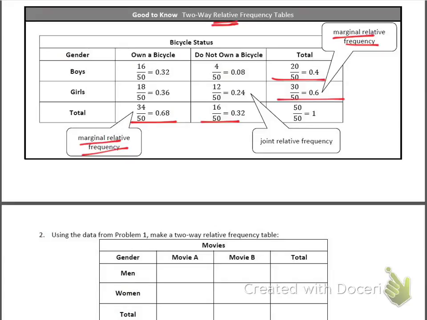So when I am asking for marginal relative frequency of people that own a bicycle, I take the 34 total people that own a bike, put it out of 50, and my marginal relative frequency is 0.68. Okay, could we change that to a percentage if I asked you to? 68%. Yep. What this is saying is that 68% of people who we surveyed own a bike.